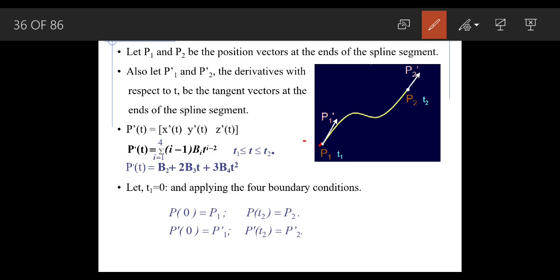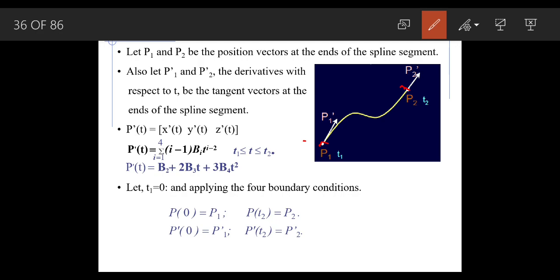This is P1, the starting point, and this is P2, the end point of the segment. Also P1 dash and P2 dash are the derivatives with respect to t: for the x coordinate dx by dt, for y dy by dt, and for z dz by dt.